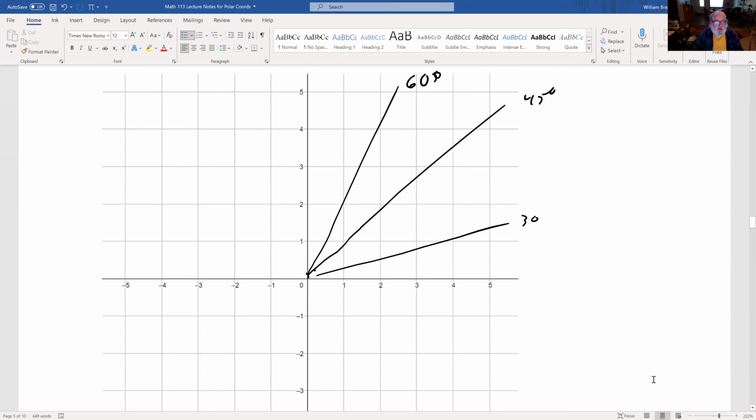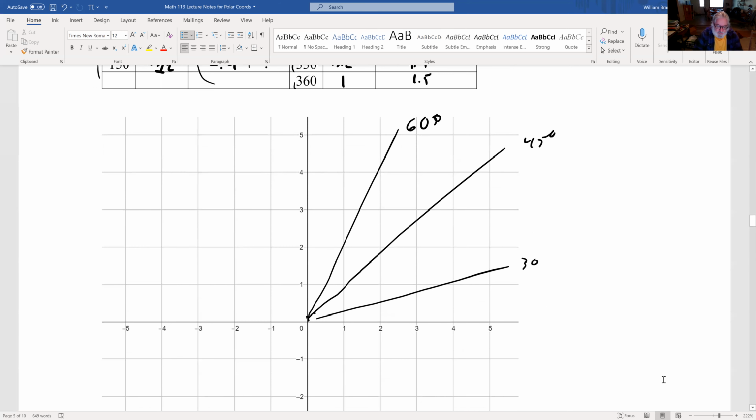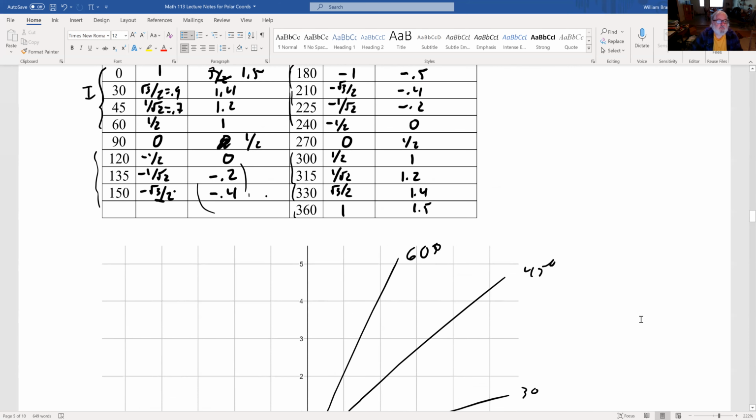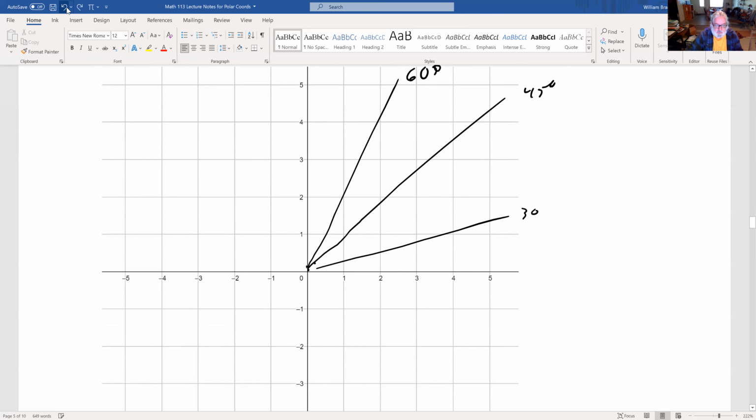Right, so R equals 1. If we're going out on the theta equals 0 degrees axis, that'd be 1 is there. I should have had bigger numbers. Oh, we actually start out at 1.5. So 1.5 when theta equals 0.